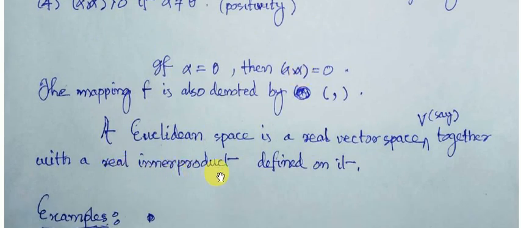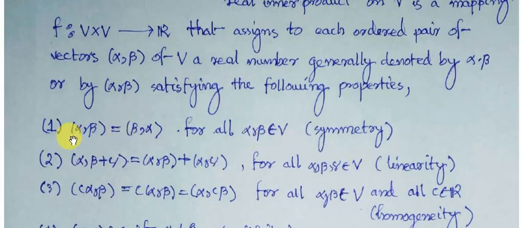So what are these properties? Let us now see one by one. First, symmetry. The domain of definition of the function f is the Cartesian product set V cross V. So each member of this domain set will be of the type alpha comma beta, having two components, each from this vector space V. The symmetry property tells us that if we change the order of the components of this ordered pair, the functional value will remain the same.